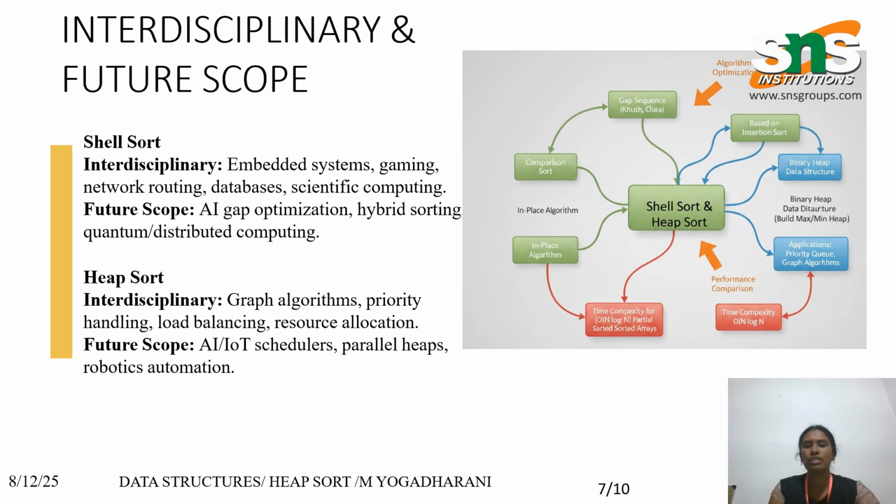Then disadvantages here are it is not suitable for small data sets, as the overhead of building a heap is high, and it is not adaptive because it does not take advantage of partially sorted input here.